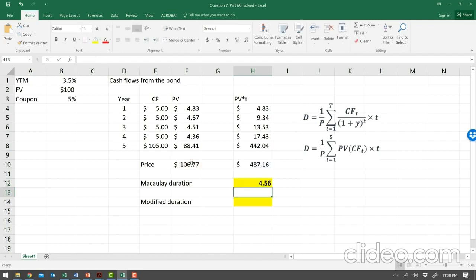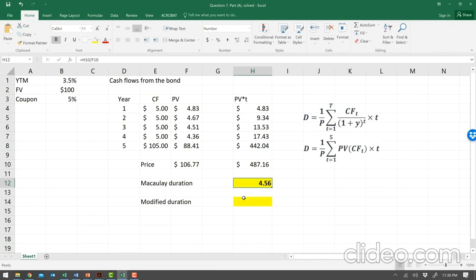And so this would be the Macaulay duration of this bond. So it's 4.56. Again, recall the other check is that because this is a coupon paying bond, we expect the Macaulay duration to be lower than the maturity of the bond. The maturity of this bond is 5 years. The Macaulay duration is 4.56.